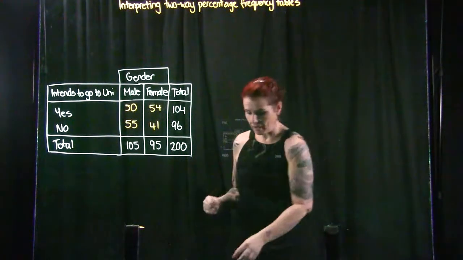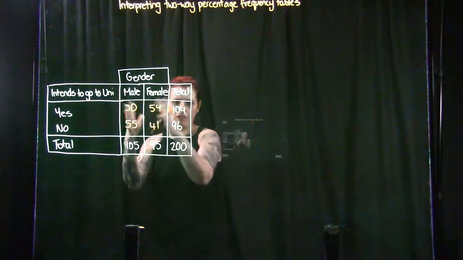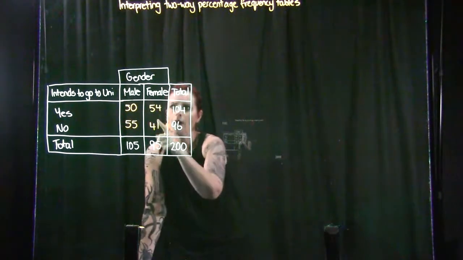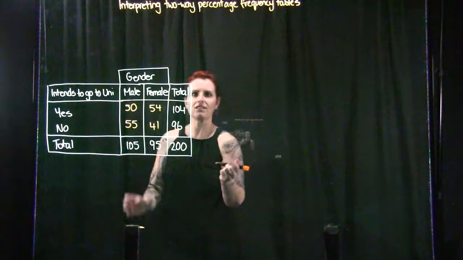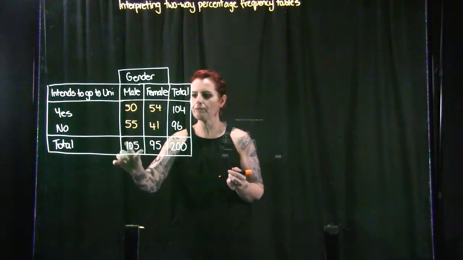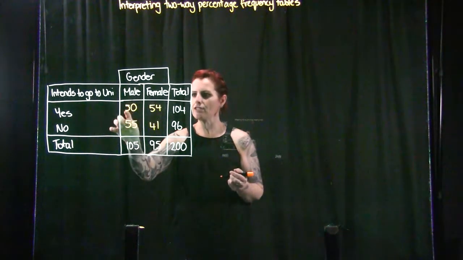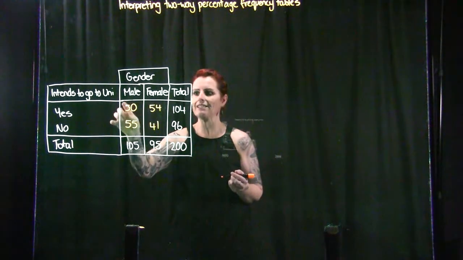So in order to do that, we do some percentage calculations. We just do one to show how to do it. What we do is the column percentages. Basically I want to know, out of all the males, 105, how many intend to go? What percentage intend to go?